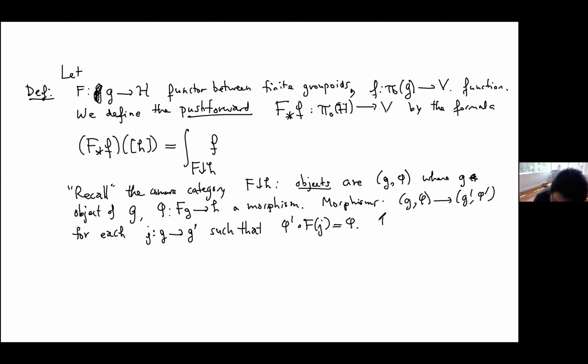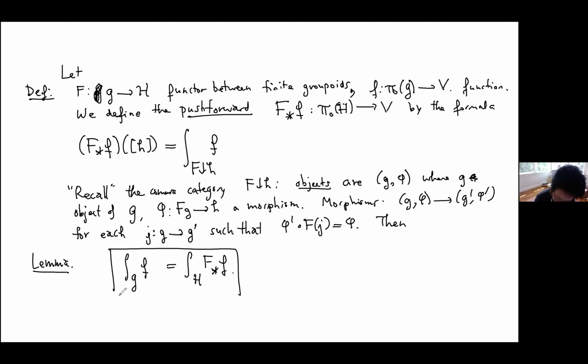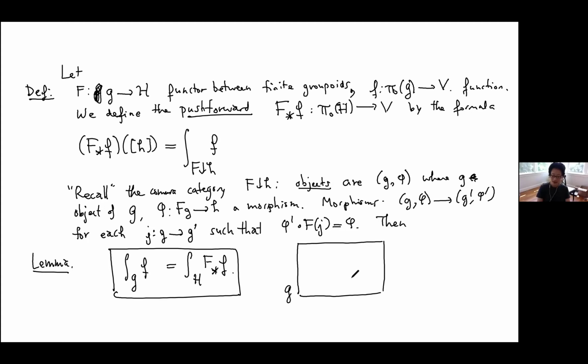And then the main lemma, and this is the last result I want to state in this talk, is that the orbifold summation of f over G is exactly the orbifold summation over H of the pushforward. And this has been quite a convenient way to phrase certain reductions of counts. Let me try to draw a silly picture for you. Okay, this picture is entirely fictional. So here's a groupoid G and you have some function f and you're trying to figure out the orbifold summation over G of f.